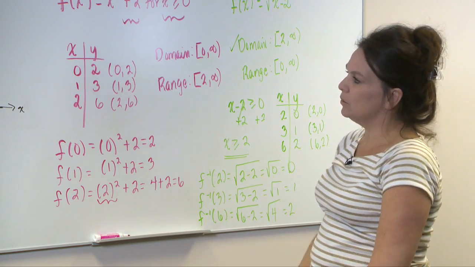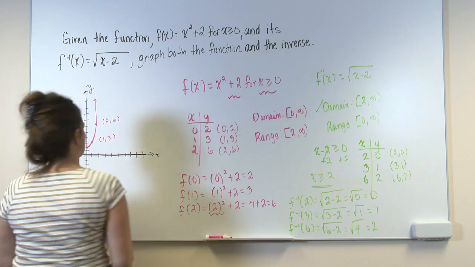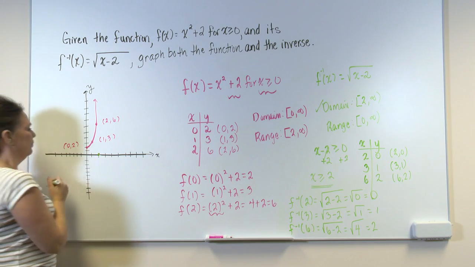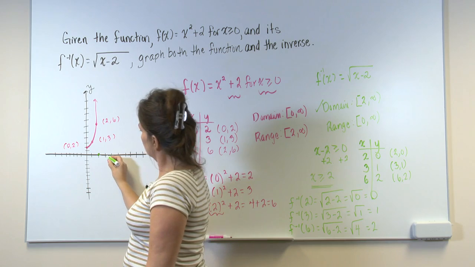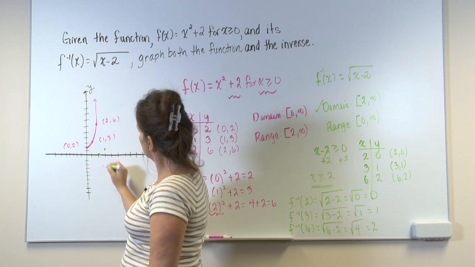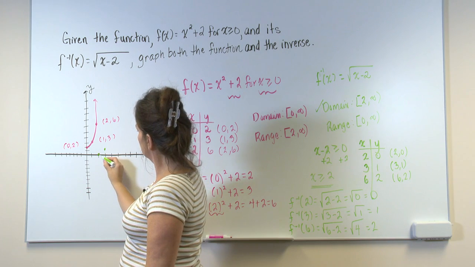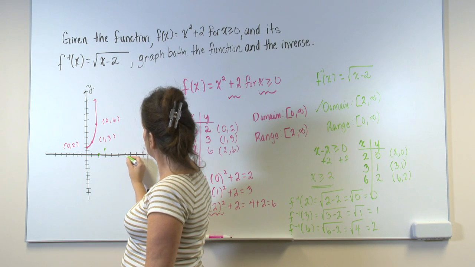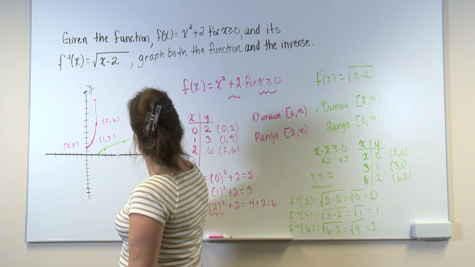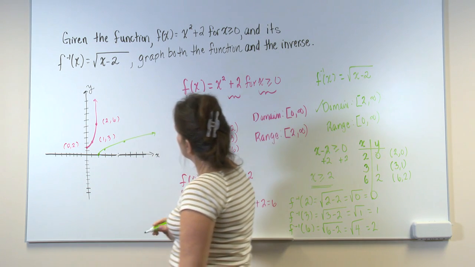I'm going to go ahead and plot those 3 points over here on our graph. So I have the ordered pair 2, 0. I have the ordered pair 3, 1. And I have the ordered pair 6, 2. So 1, 2, 3, 4, 5, 6, 2. And here is the graph of f inverse of x.